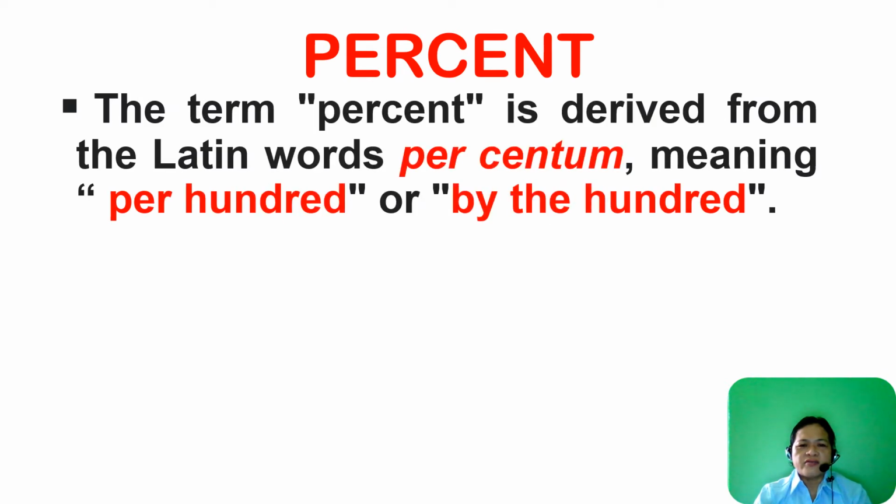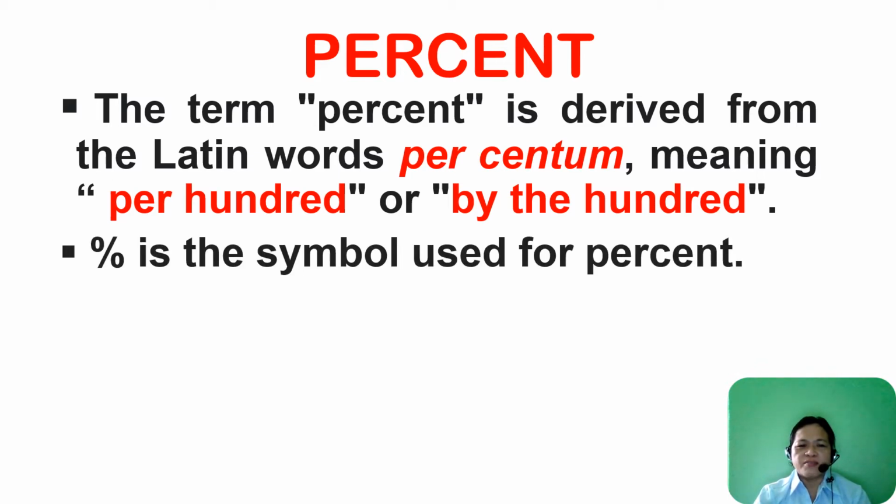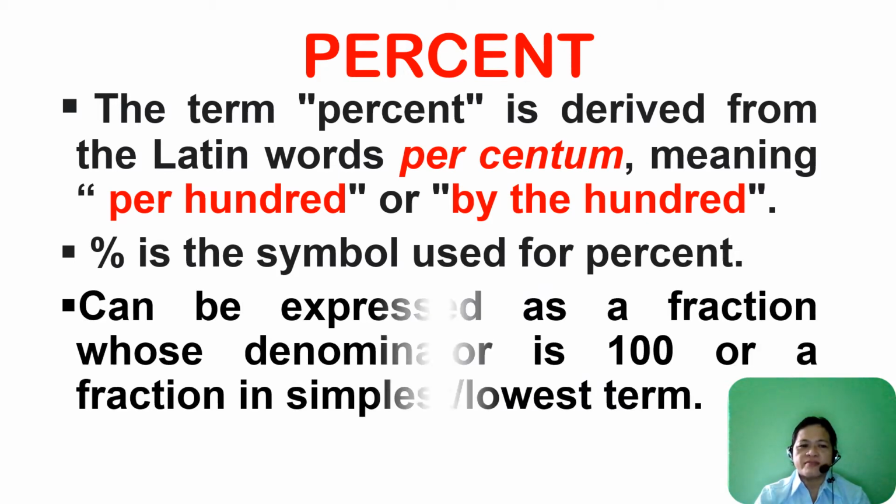When we say percent, it is derived from the Latin word percentum, meaning per hundred or by the hundred. This is the symbol used for percent, as you can see on the screen. And percent can be expressed as a fraction whose denominator is 100, or a fraction in simplest form or in the lowest term.